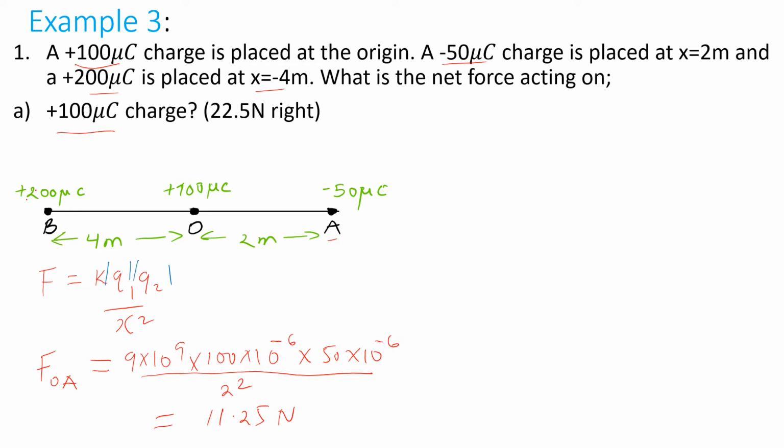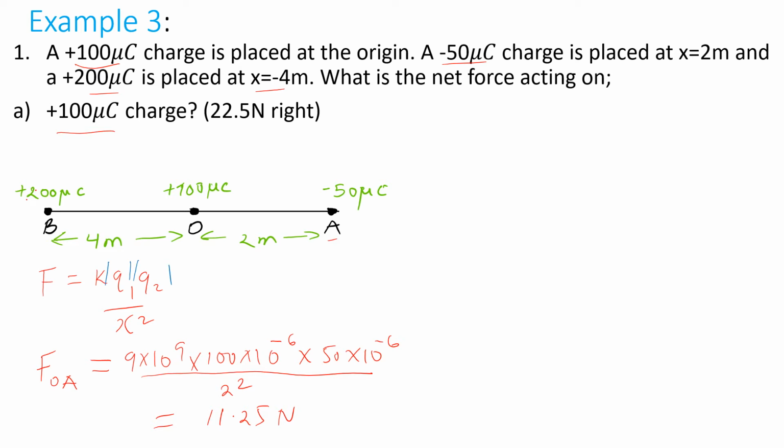And now we have the force. Let's see where it is going. The question is asking for the force exerted on the 100 microcoulomb, so we are looking for the force that the 100 microcoulomb experiences due to A. 100 is positive, 50 is negative. That means the force between them is attractive, so they will attract one another.